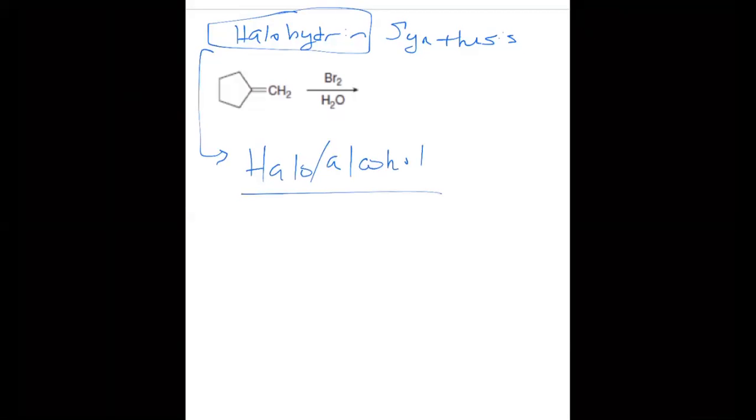So you have a halogen and an alcohol functional group in the same molecule. Look at the reagents, Br2 and then water. Let me show you the product, then we're going to go through how we get to it.